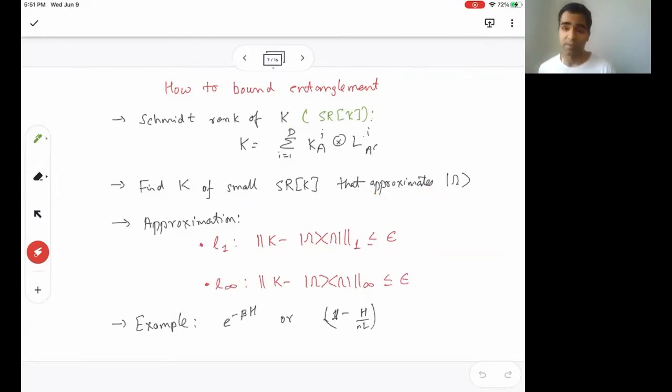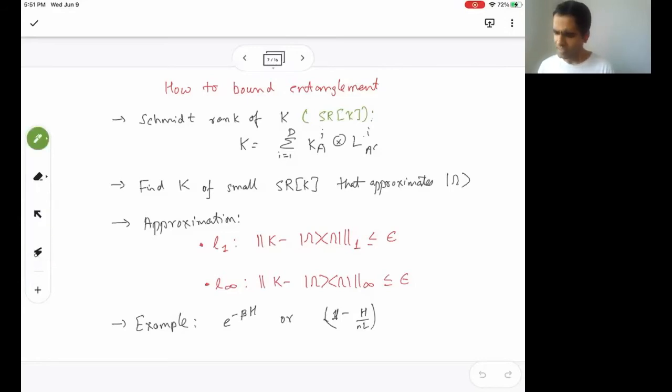So what kind of approximations could you have? Well, you could start with something like an L1 approximation. You could try to find an operator K which approximates the ground state in L1 distance up to error epsilon. If this could be done, if the Schmidt rank of K was small, then one could use some continuity arguments to say that the entropy of the ground state also should be small, because if the Schmidt rank of K is small, then its entropy is small, and so on.